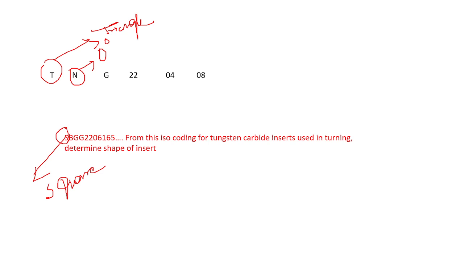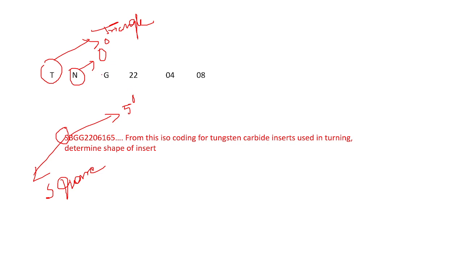B means the clearance angle is 5-degree. And if C is given, you need to mention a 7-degree clearance angle. So those are the significances: N means 0-degree insert clearance angle.